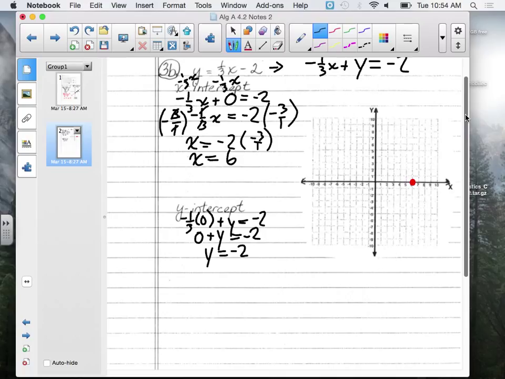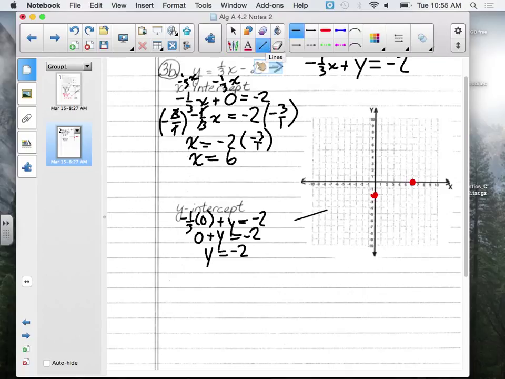Wonderful. So that will be ordered pair 0, -2, right? So now that we found our y-intercept, we just graph that point. And then the last thing we do is what? Draw a line.